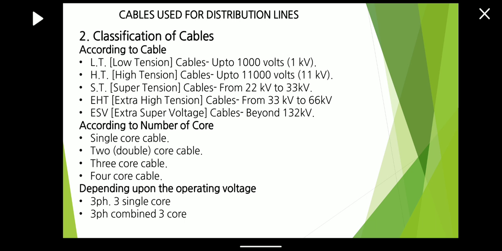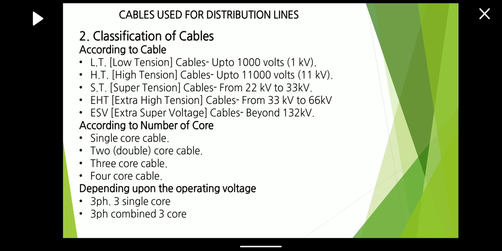Then, depending upon the operating voltage, a 3-phase cable may have 3 single core cables or a combined 3 core cable. All these types will be discussed in the following articles.